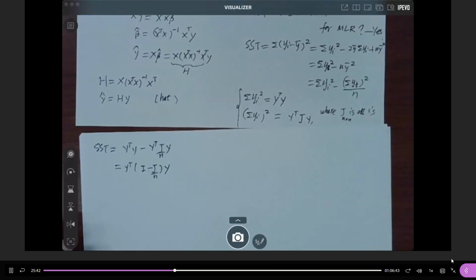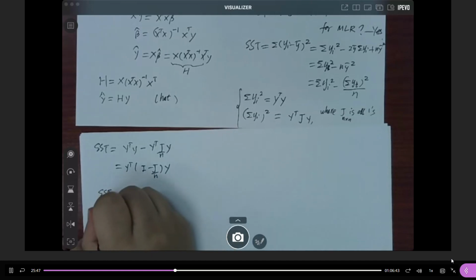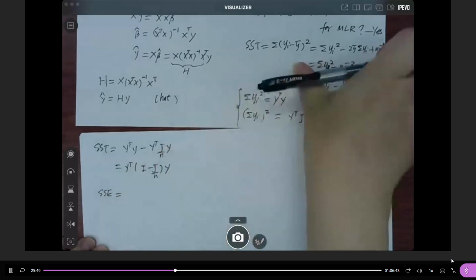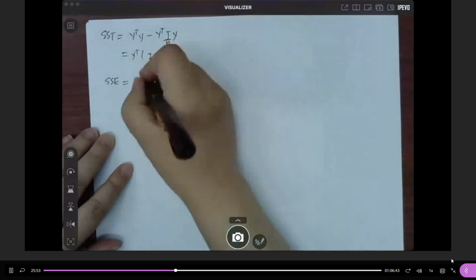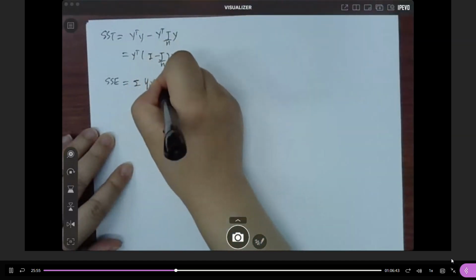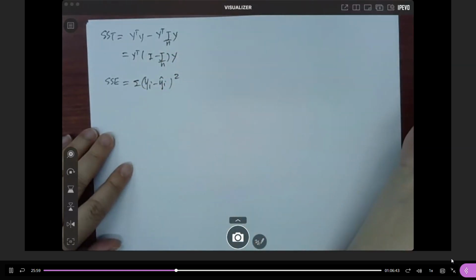So that is SST in the matrix form. Then we can do the same for SSE and SSR. So SSE is summation yi minus yi hat squared, right? That's a scalar form.